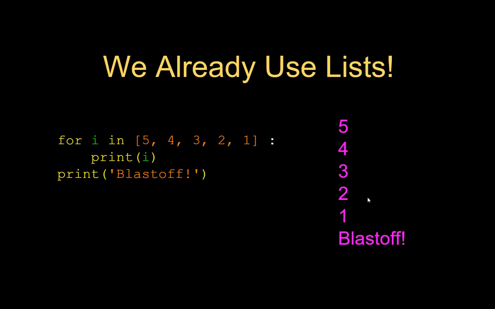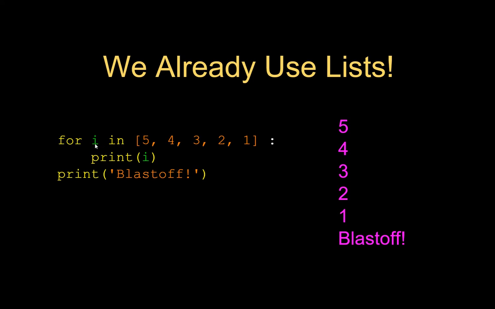We already used lists, if you remember, in our previous lessons. The very first use that we had for it was a for loop. Another example is a for loop where I, our iteration variable, goes through each value of the list that we have.